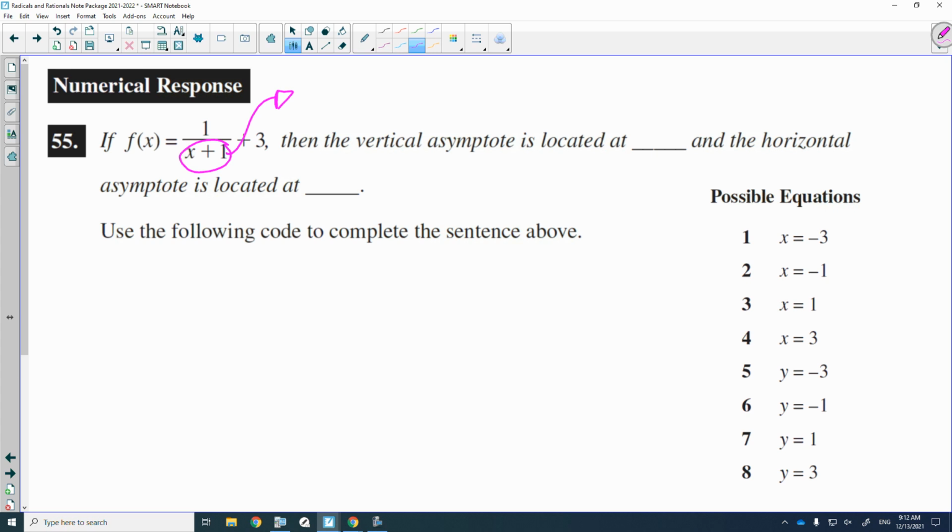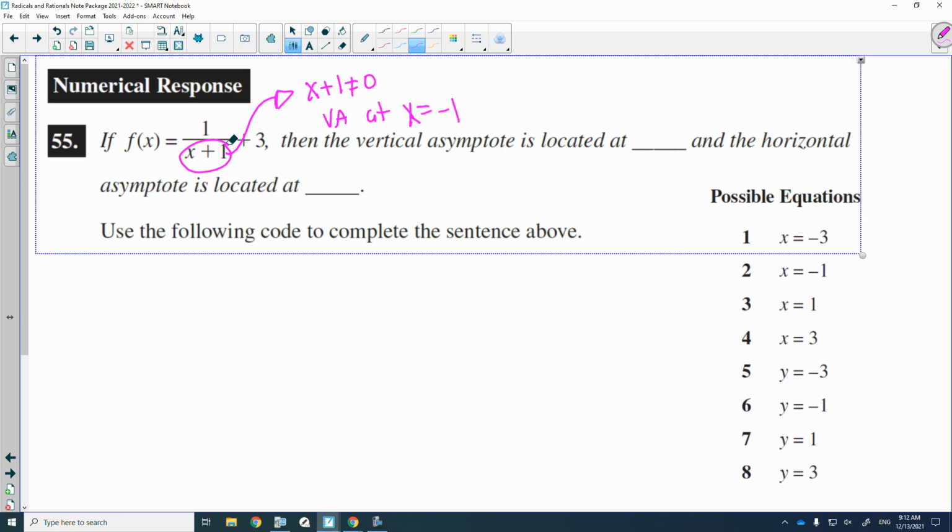So that's my factor. There's a vertical asymptote at x is equal to -1. So that would be this one, and you'd have a 2 there. This is my k value of 3.